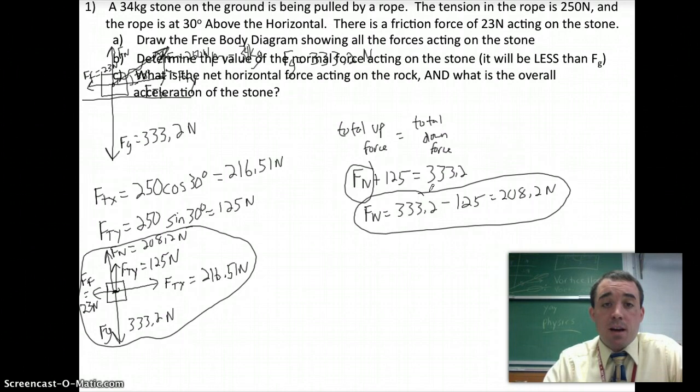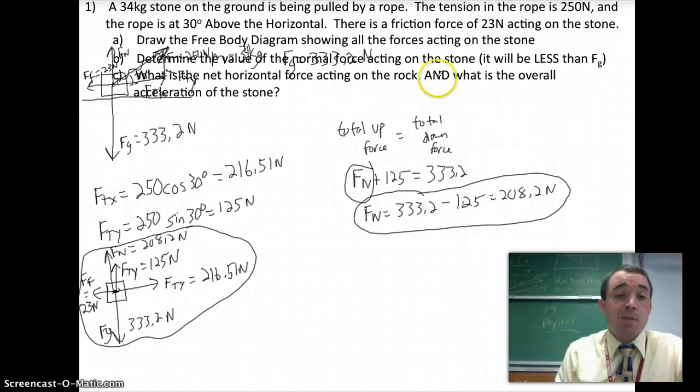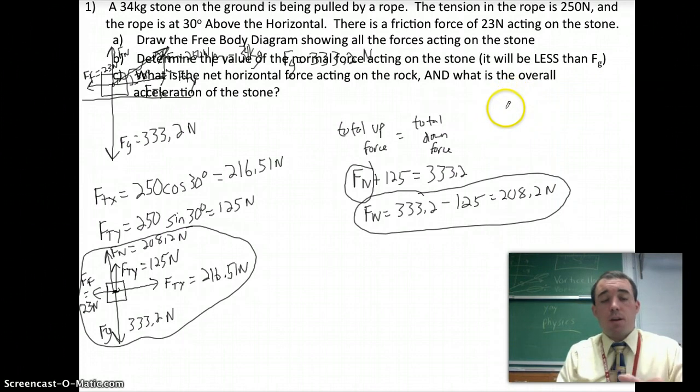Last thing is we have to find the net horizontal force acting on the rock and the overall acceleration of the stone. So the net horizontal force, well, we already took care of the verticals. For the horizontal forces, you just have to do total to the right minus total to the left.